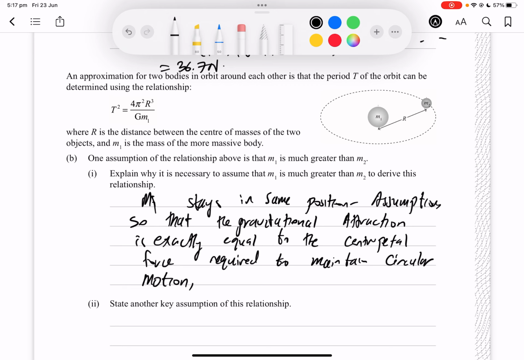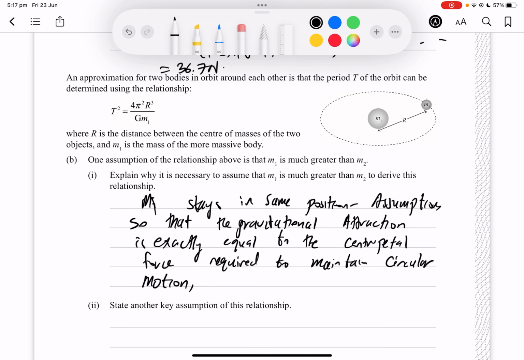So the attraction distance is equal to r of circular motion.